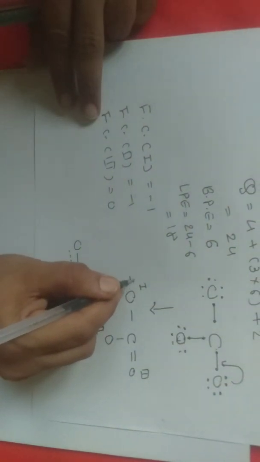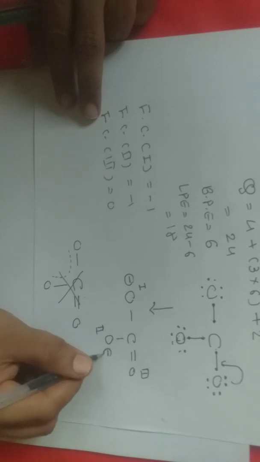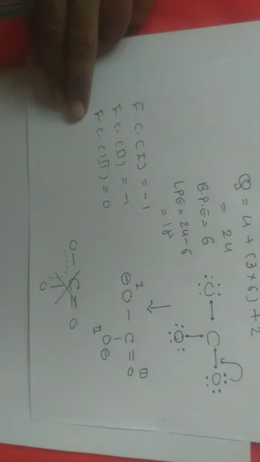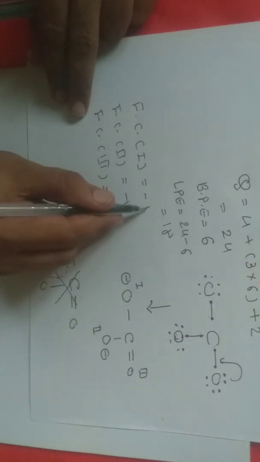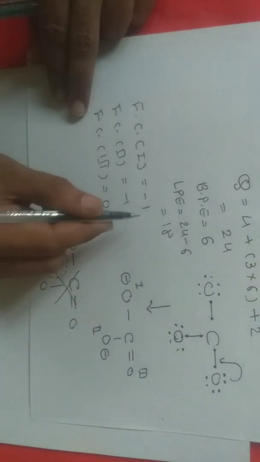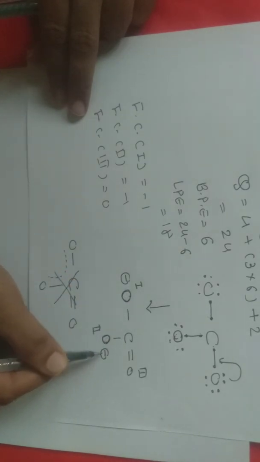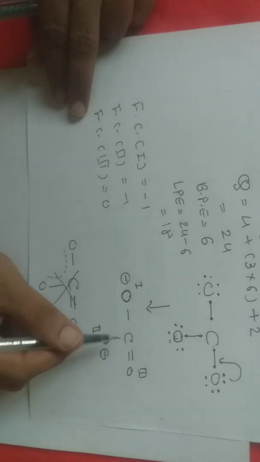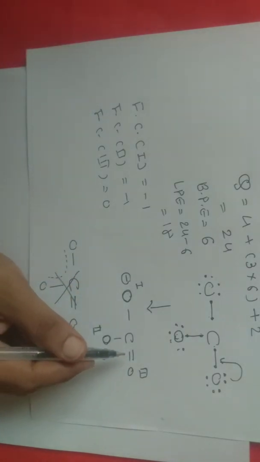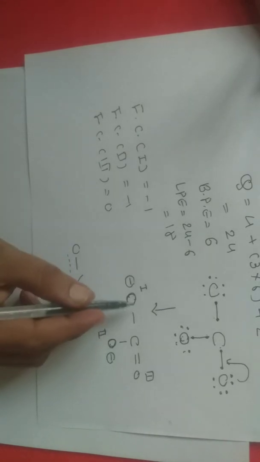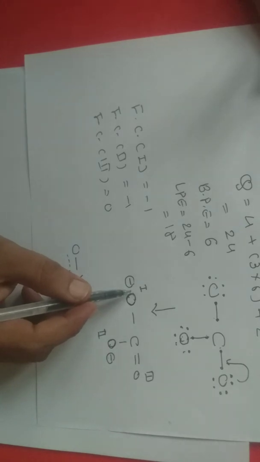We can directly put -1 on this oxygen and -1 on this oxygen, because CO3 has a -2 charge. A -2 charge means I have to utilize 2 times -1, that is -1, -1. So this oxygen has -1, this also has -1, so the total charge is -2. So here you will not get the resonance structure like this. You will get the exact charge on both of these oxygens. They don't need to share their -1 charge among these two.